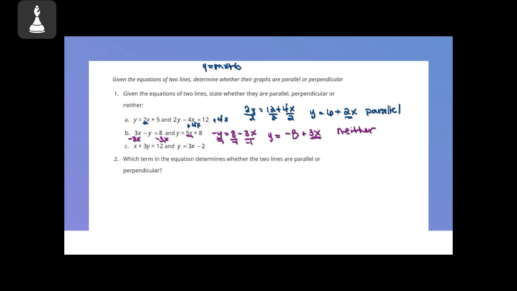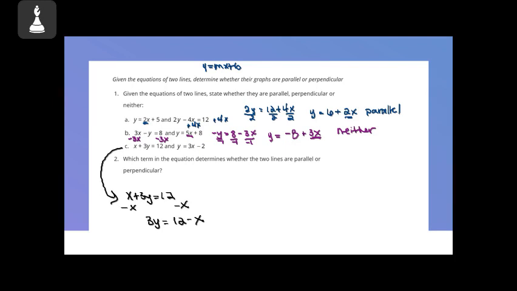Working with C, we again have to solve one of these for y. That's going to be the first one. I'm going to pull it down here. x plus 3y equals 12. To get y by itself, I first need to move the x. So I'm going to subtract x from both sides. 3y equals 12 minus x. And to get y by itself, I need to divide by 3.